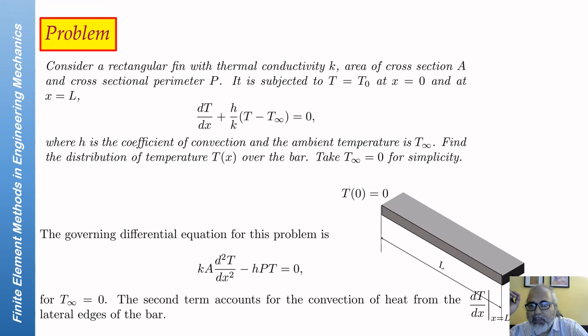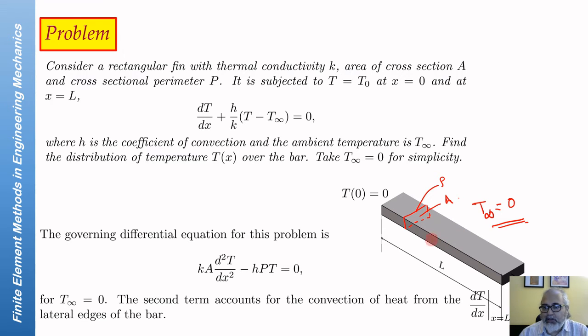A very simple problem of heat transfer, where we have a fin, a rectangular fin, whose cross-sectional perimeter is P, and the cross-sectional area is equal to A. So you have steady state heat transfer through this, and there is convection taking place from all over the surface, and the ambient is at a temperature T infinity, which for simplicity we take to be 0.